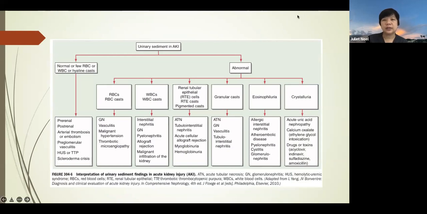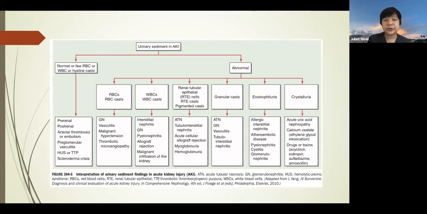So this is a summary of what you look for in the sediments. As I mentioned, urine sediments are helpful in identifying and helping you diagnose the cause of your AKI, aside from your history and your thorough physical examination.